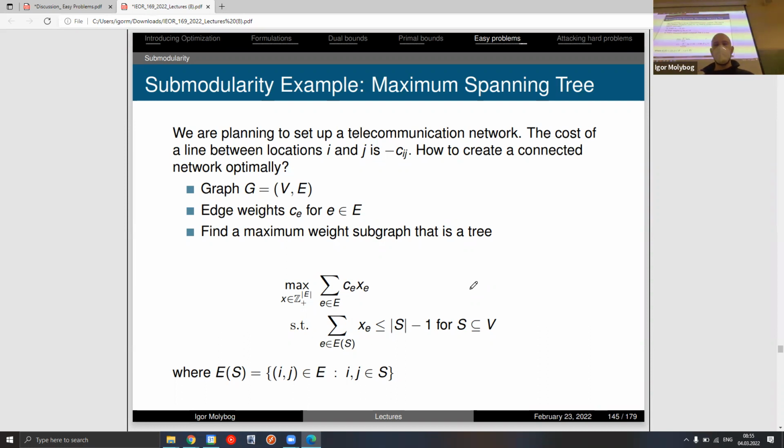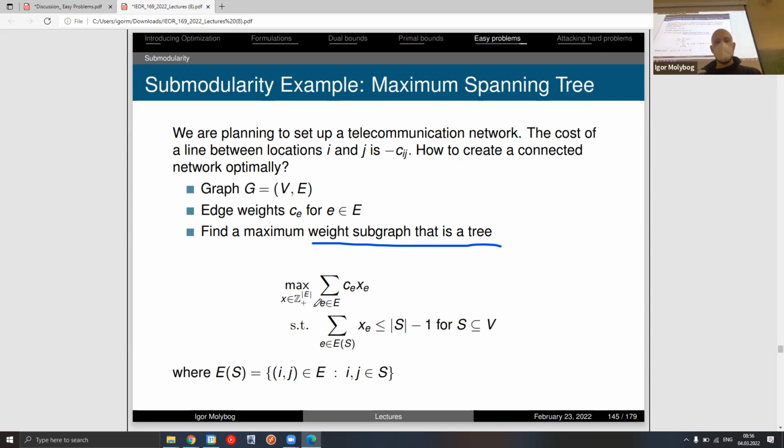How can we create a connected network optimally? So what we are doing here is we are finding a maximum weight subgraph that is a tree. This is called the maximum spanning tree problem. Is the formulation clear? Are there any questions?